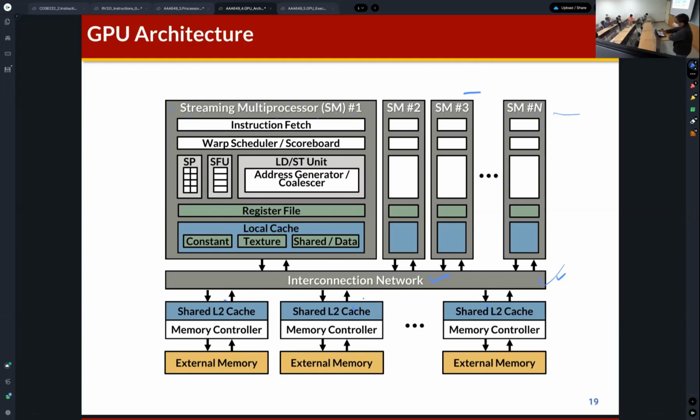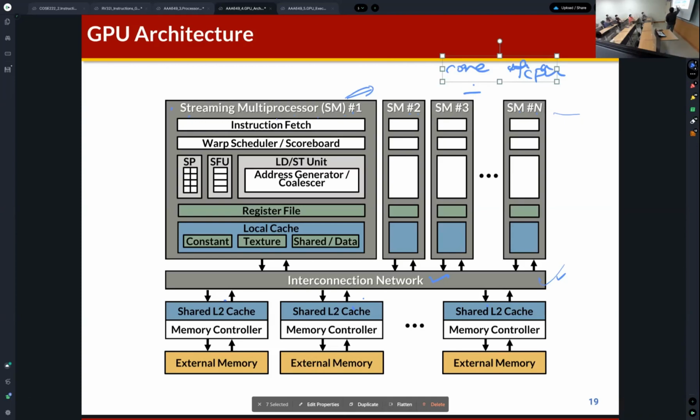The streaming multiprocessor is similar to the core of a CPU, very similar to the core of an Intel CPU. So then why does NVIDIA advertise that our GPU has 1,000 cores? It is because of a single streaming multiprocessor.